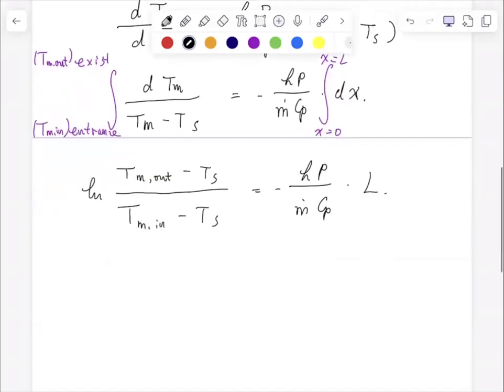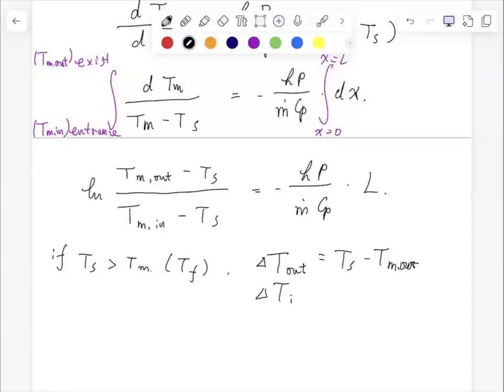Right? So if Ts is greater than T mean, or the fluid's temperature, then the delta T at the outlet will be Ts minus the T mean at the outlet.